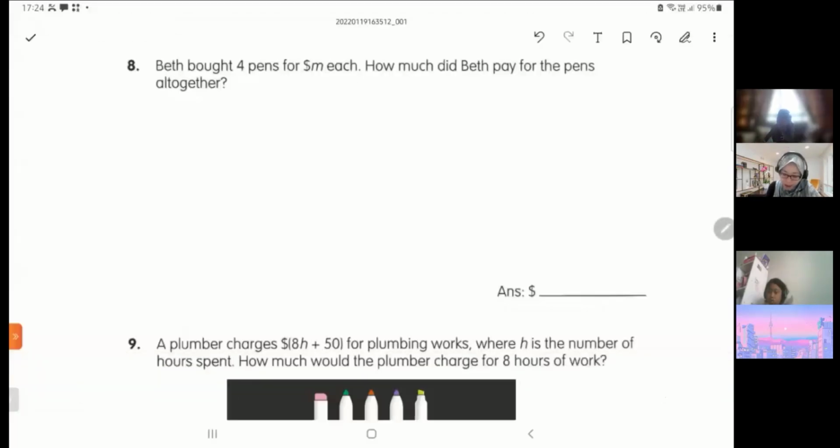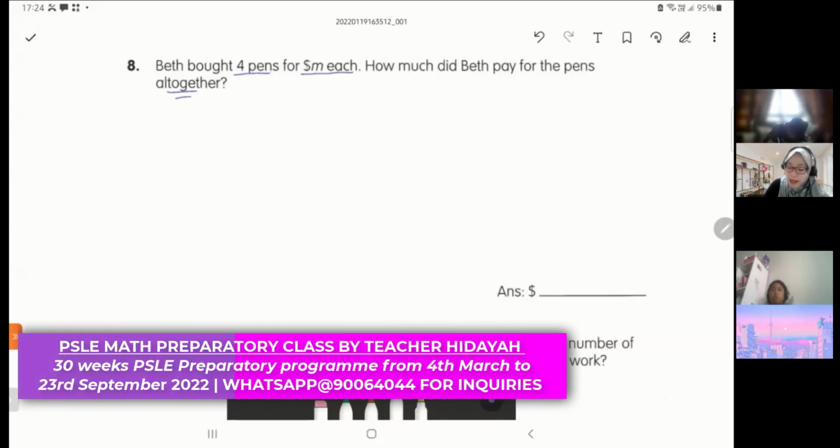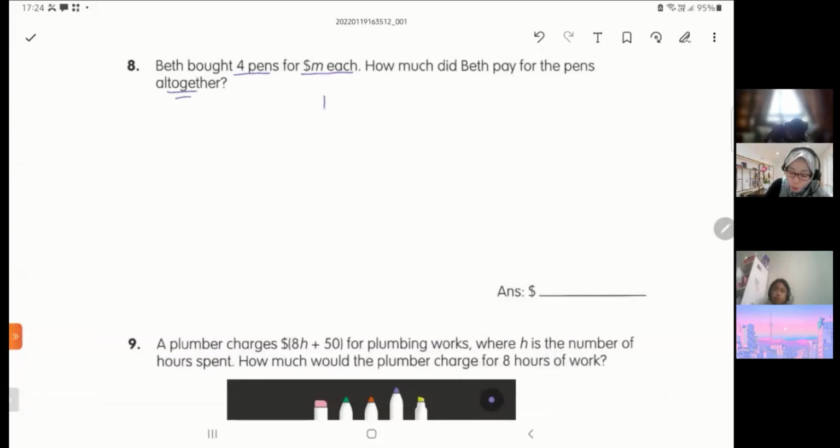Okay, so for number 8, Beth bought 4 pens for $M each. How much did Beth pay for the pens altogether? If this is a basic whole number question, you know that 4 pens is the total number of pens that I buy, and then $M each is the cost of 1 pen. So in this case, 1 pen is $M. Did I buy only 1 pen?